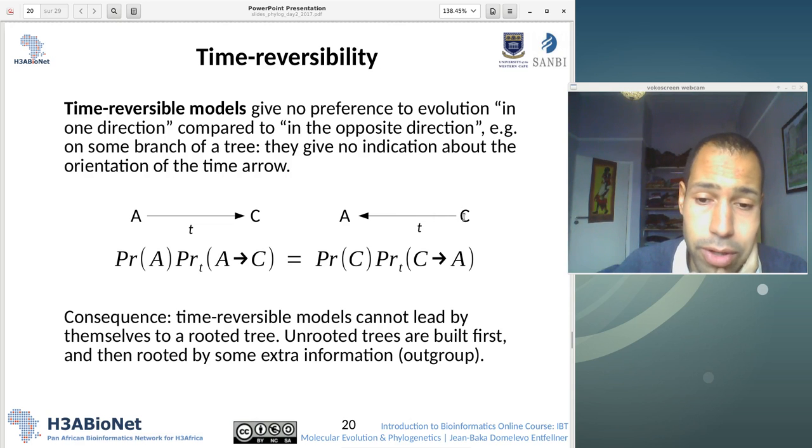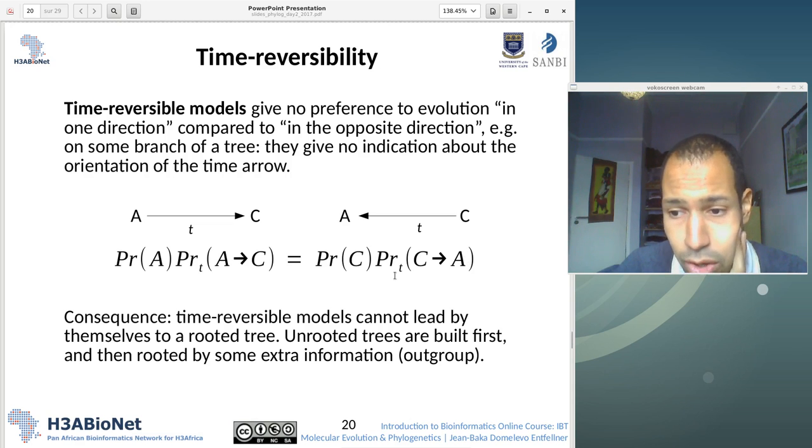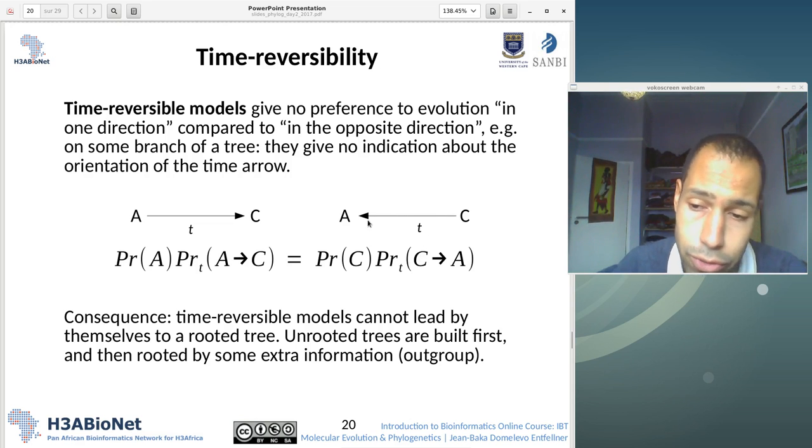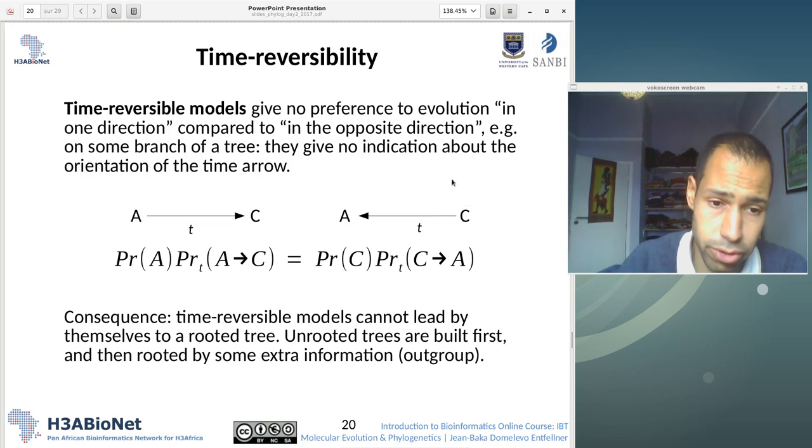Not at all. It just says, okay, probability to have the A at the end of a branch of length t, where at the beginning I had C. You may have many evolutionary events along this branch. This probability only tells you about what's the probability to have finally an A after a time t of evolution from a C.